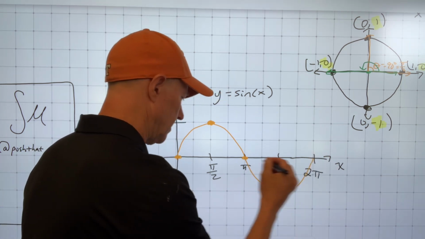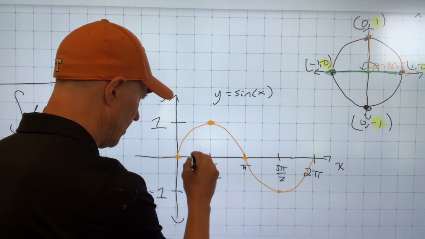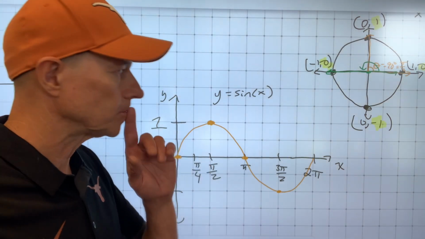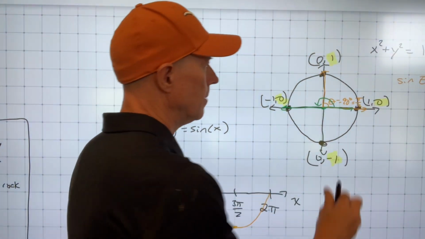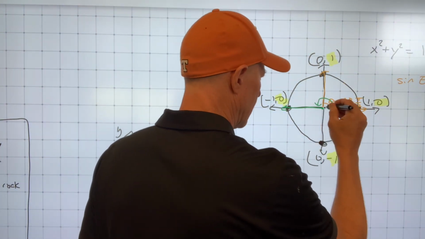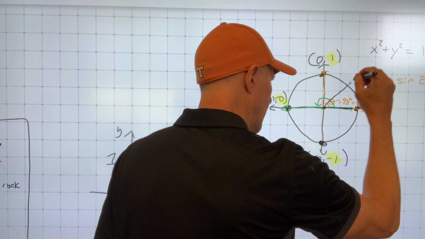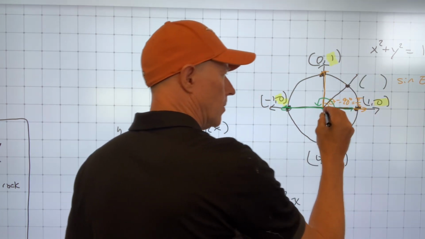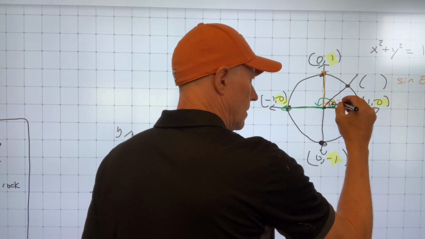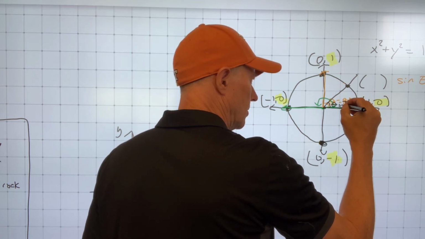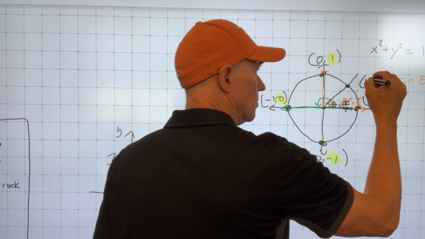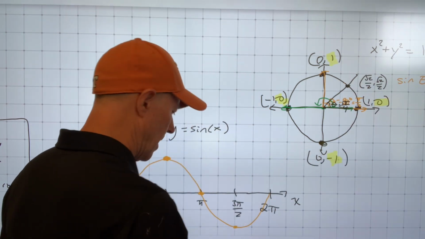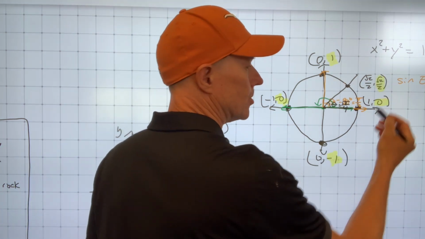How do I know that? Well, try some of the inputs we skipped over, like pi fourths. So if we go to pi fourths, which is this angle right there, we know that the coordinate point where a pi fourths angle intersects the circle is root 2 over 2 comma root 2 over 2, and the output for sine is root 2 over 2.